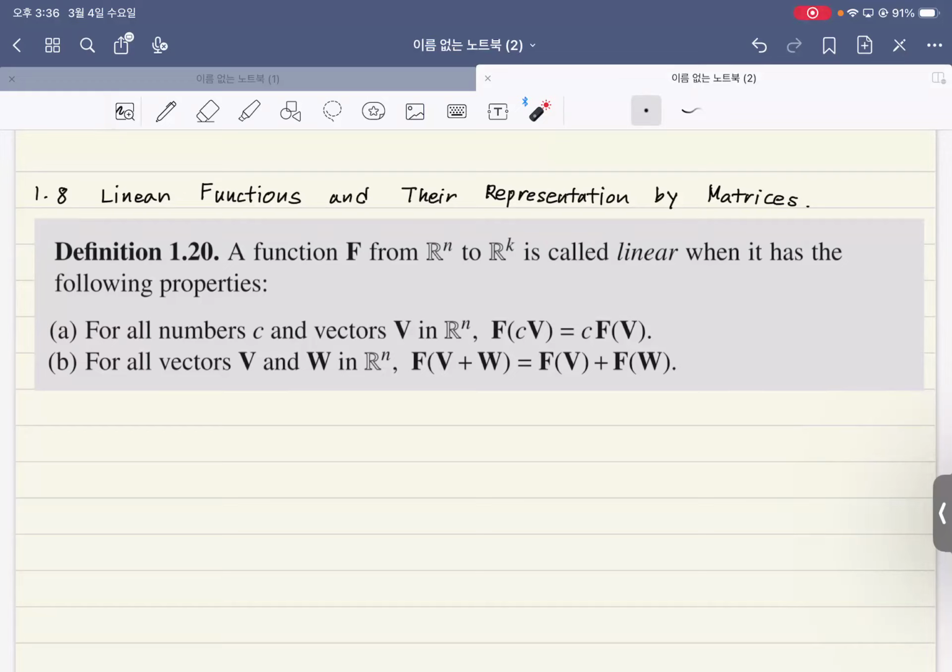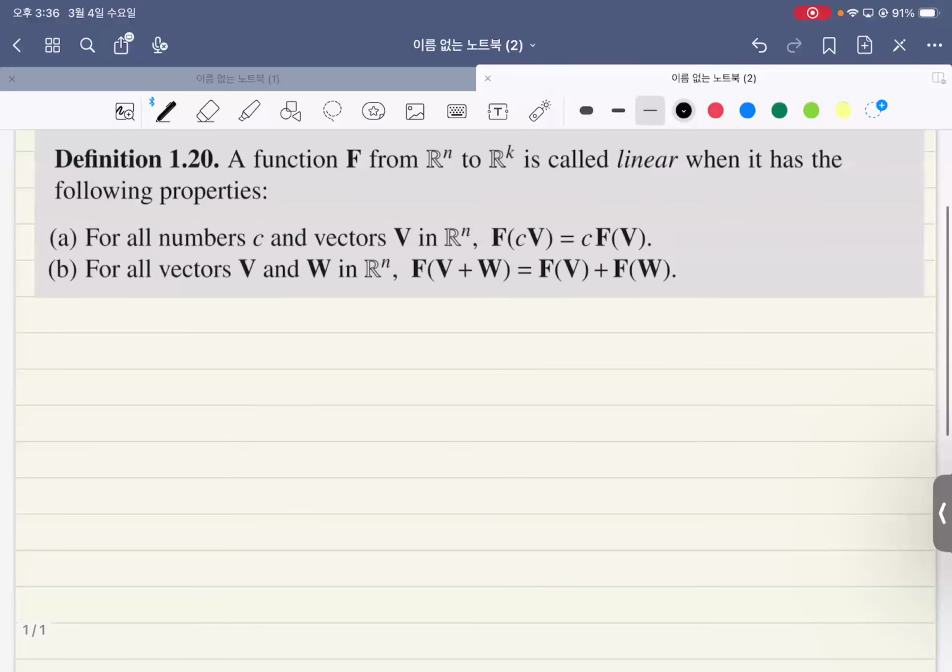But in case your function is linear, then technically you can compute the function values of every single vector from your domain just by computing the function values at the basis vectors.